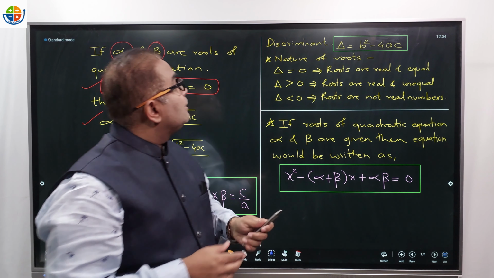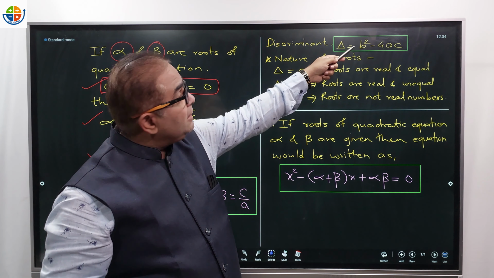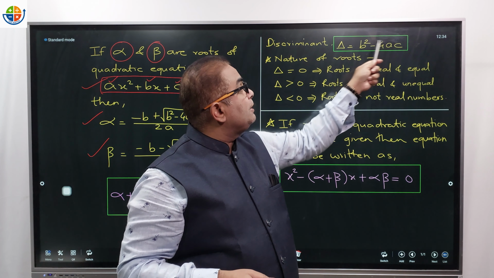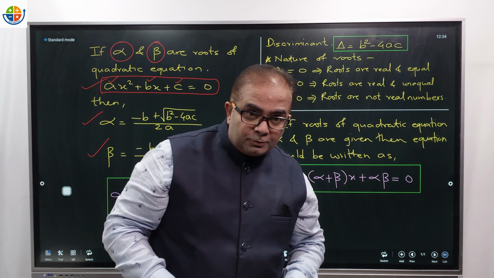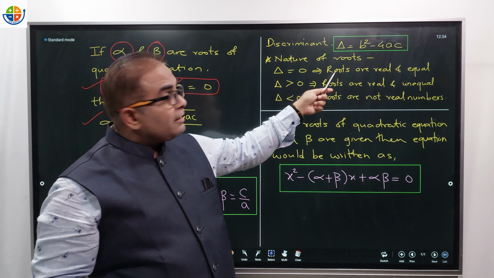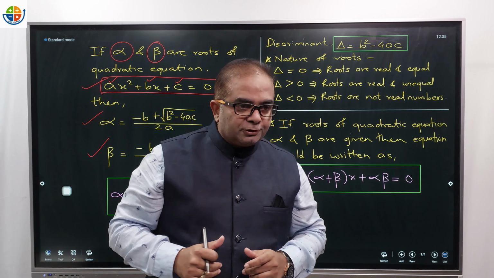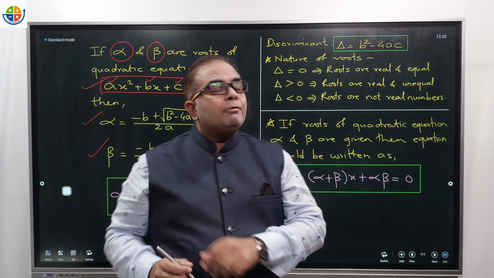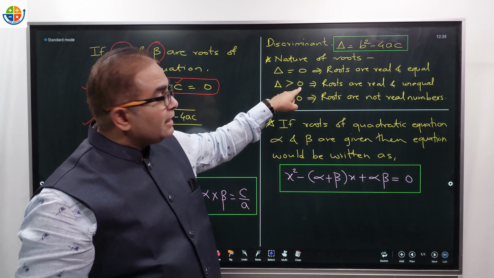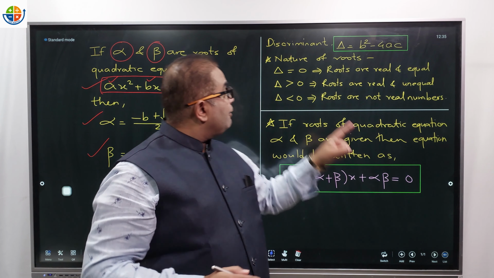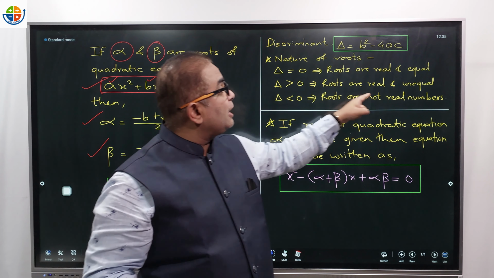If this delta, that means discriminant, is equal to 0, if I get the answer of b square minus 4ac equal to 0, then the roots are real and equal. This is called the nature of the roots. If delta is greater than 0, roots are real and unequal. If delta is less than 0, roots are not real numbers.